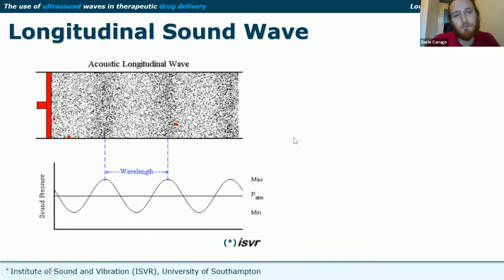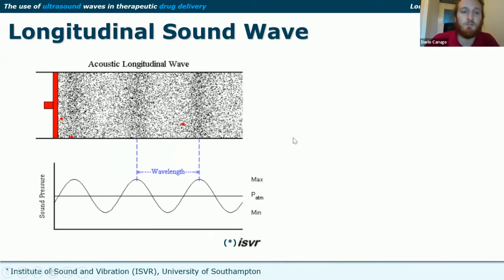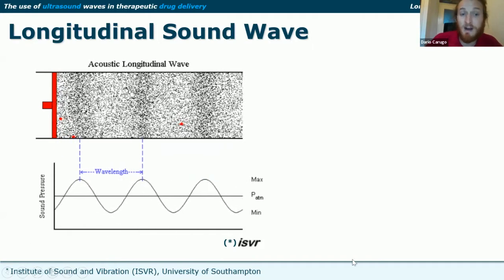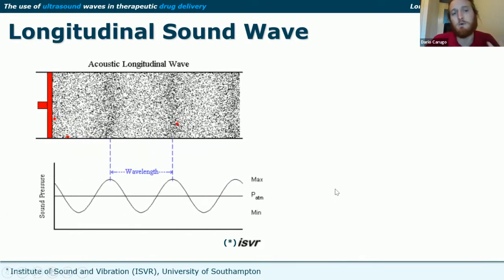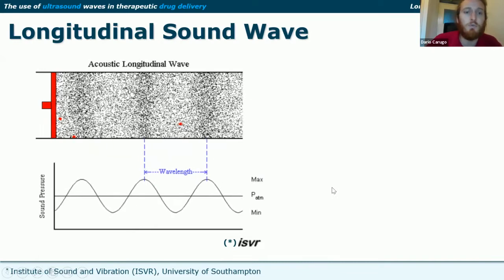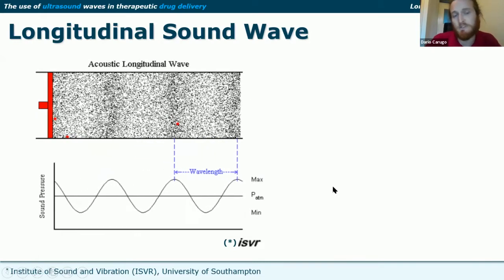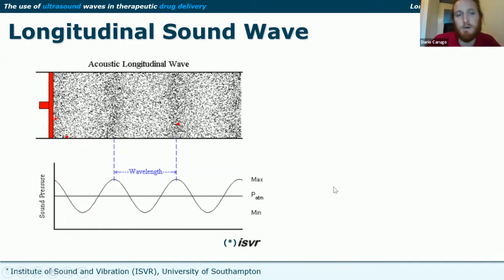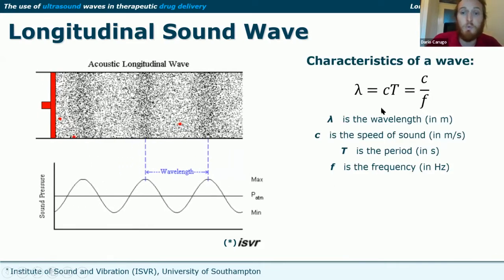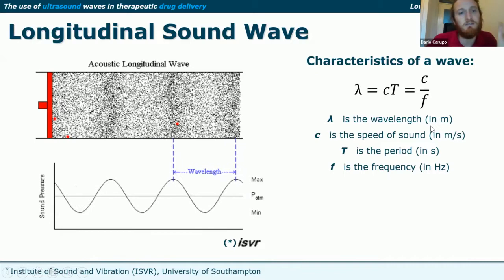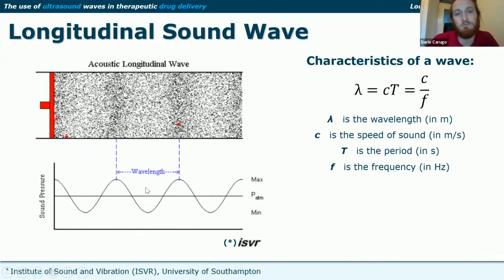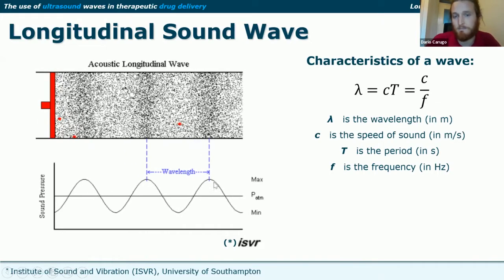We often characterize these pressure waves by adopting a sinusoidal function, and that's because it's quite convenient from a mathematical point of view. So we can characterize the properties of the wave by introducing some convenient mathematical parameters. For example, the wavelength, which is the distance in meters between 2 points of the wave which have the same phase, for example, 2 maxima.